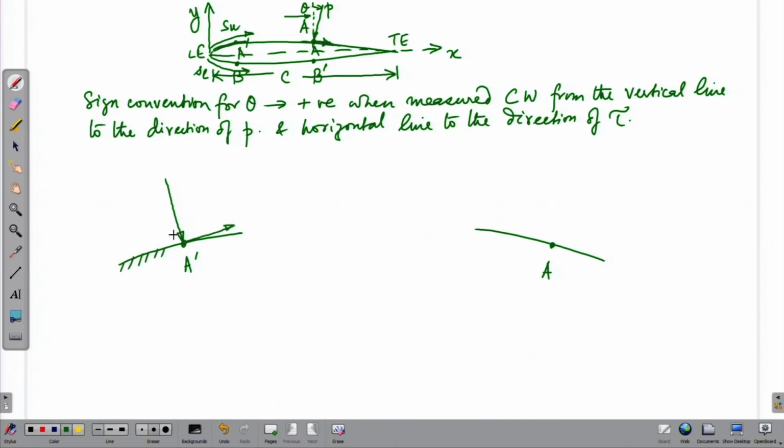We will hatch the surface. Now, this is the vertical, this is the horizontal, and we see that in order to reach the P direction, we are going the opposite way to clockwise, and therefore, this is negative theta. Similarly, we have gone counterclockwise from the horizontal to reach tau. So, this is also negative theta.